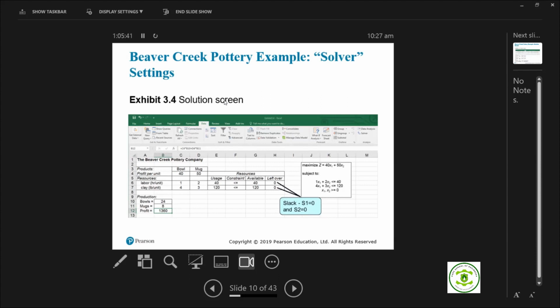If you change it to 66.67, the answer will still be 24. But as soon as you change it to 17, the answer will change. As soon as you change it to 20, the answer will change. And that's what the sensitivity report is all about. And you need to understand how to deal with them.